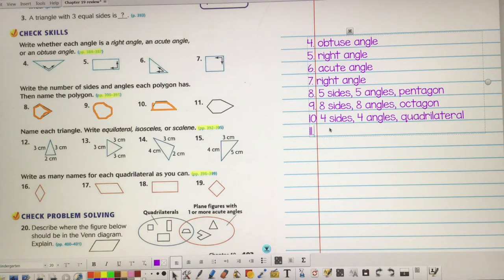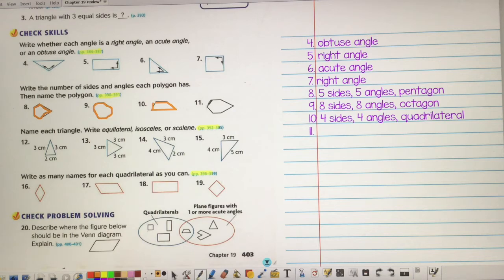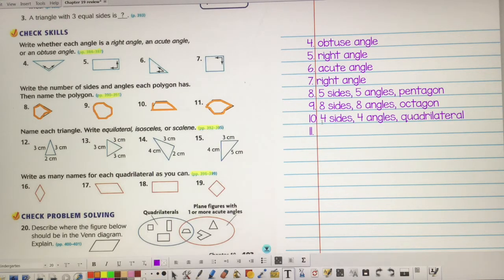Then we have number 11. 1, 2, 3, 4, 5, and 6. So if I have 6 sides, that means I have 6 angles.